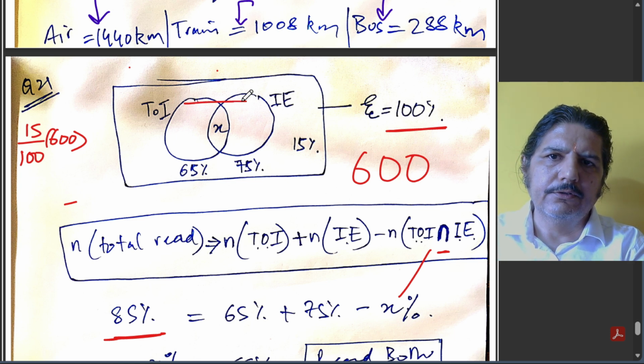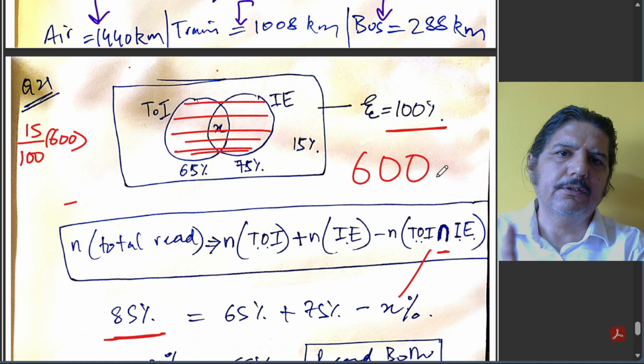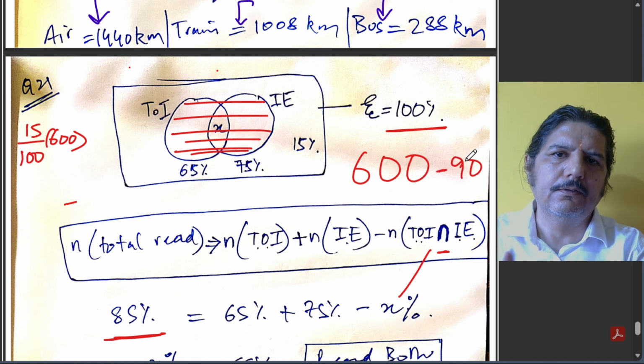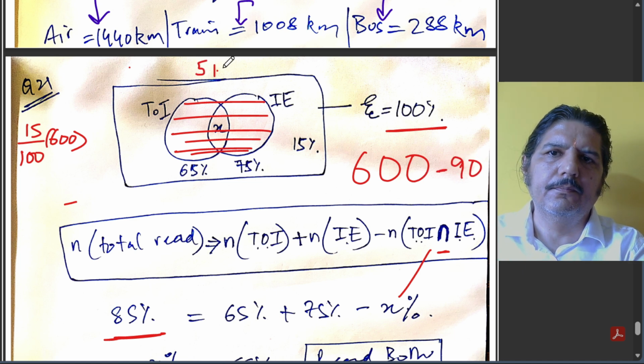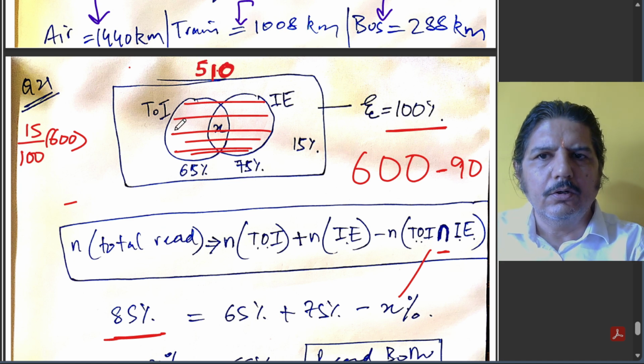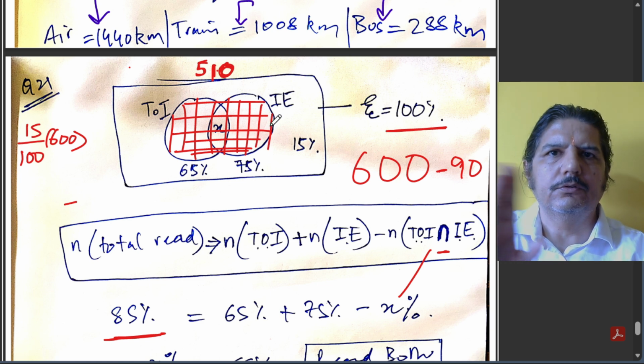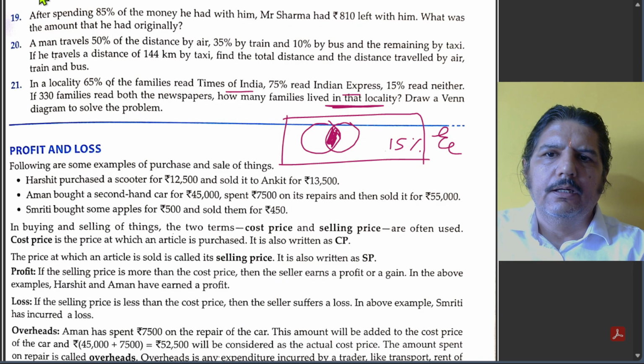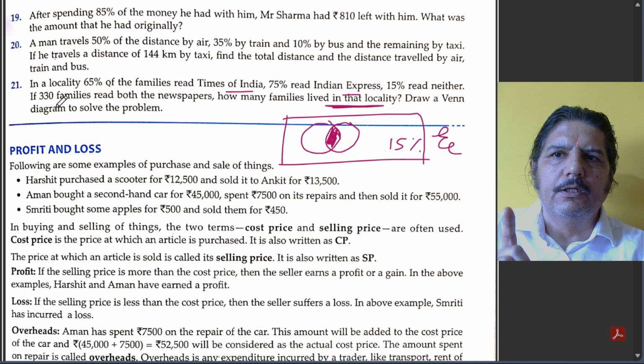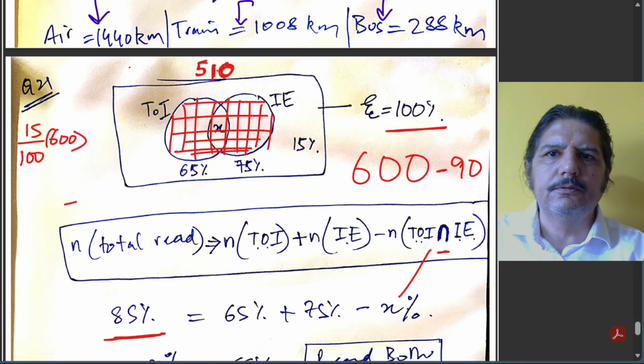The number of readers are 600 minus 90. That is 510. Now these are 510 people who read some newspaper. Now out of these, 330 read both.